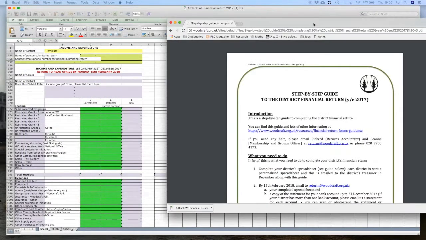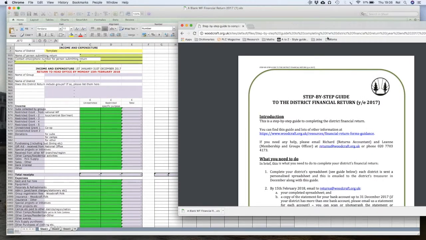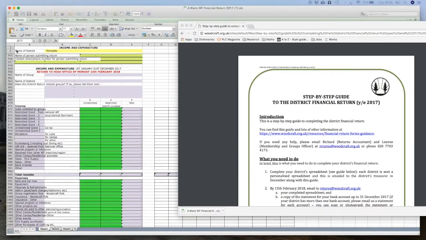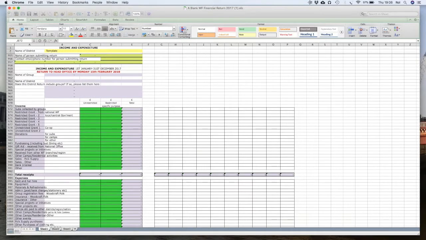For most purposes, you'll need to collect your figures from your accounting records and put them into the unrestricted column, unless you've got a grant that's been given to you with restricted purposes, which can only be used for a camp or some special activity. Those go into the restricted column. Otherwise, everything goes in the unrestricted column.